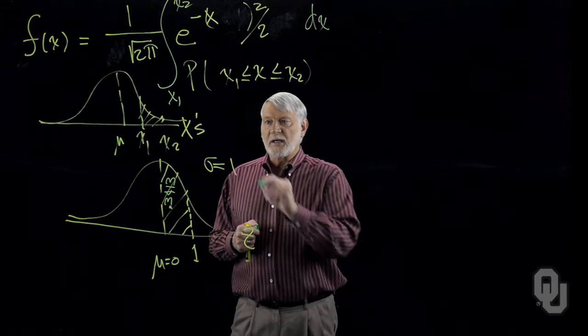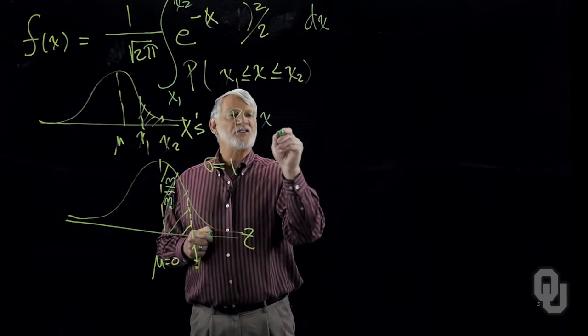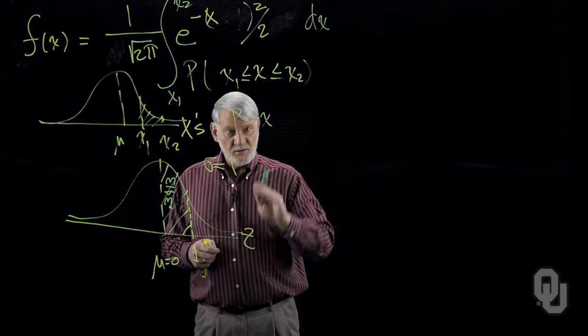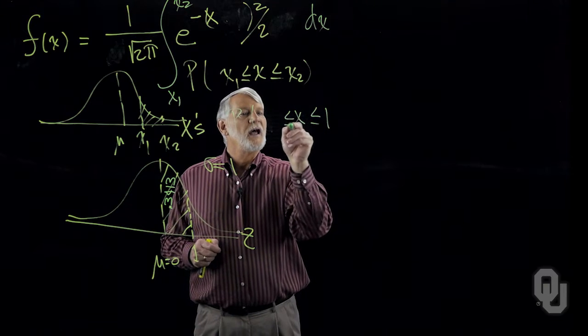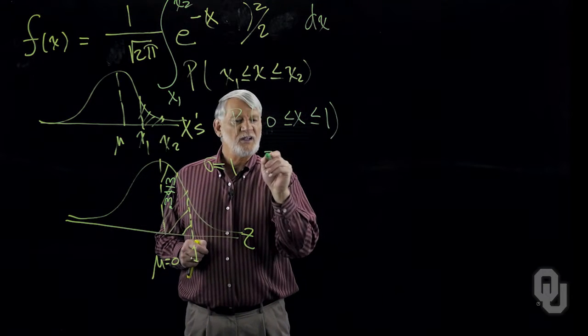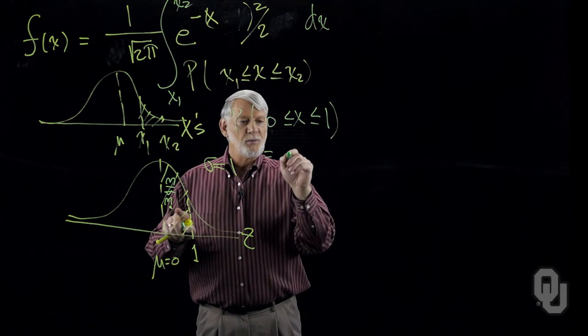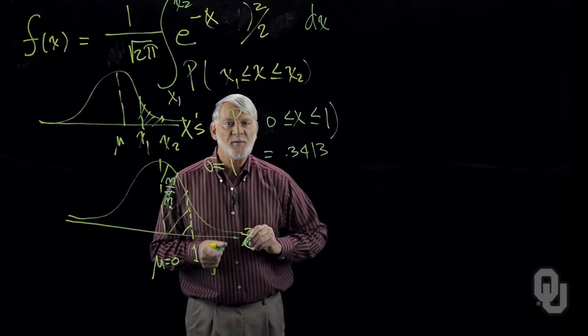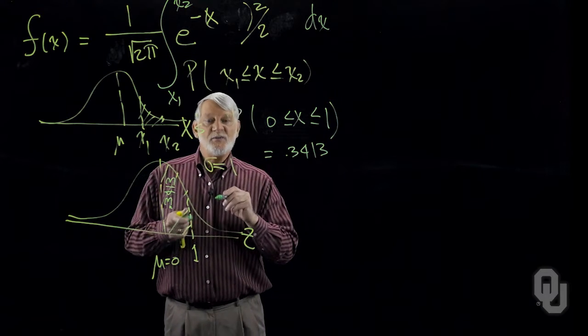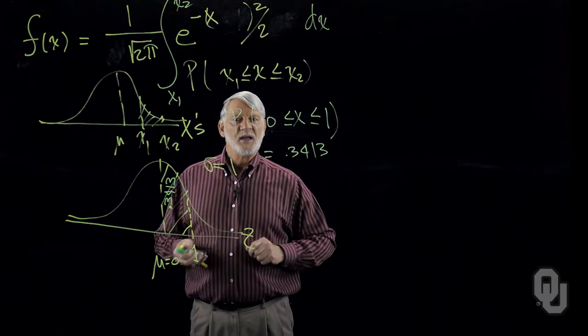The probability that x is between 0 and 1 is equal to 0.3413. Okay? This is what we have at the top of the table.